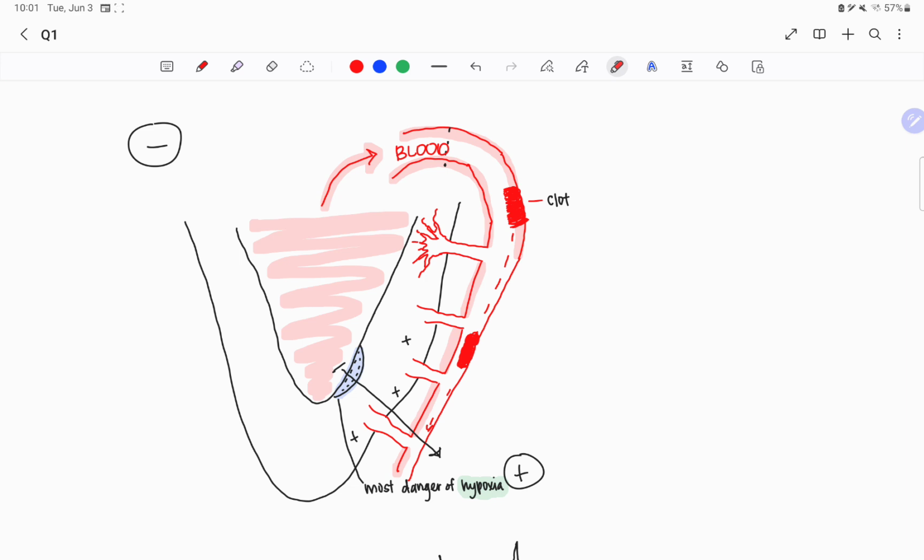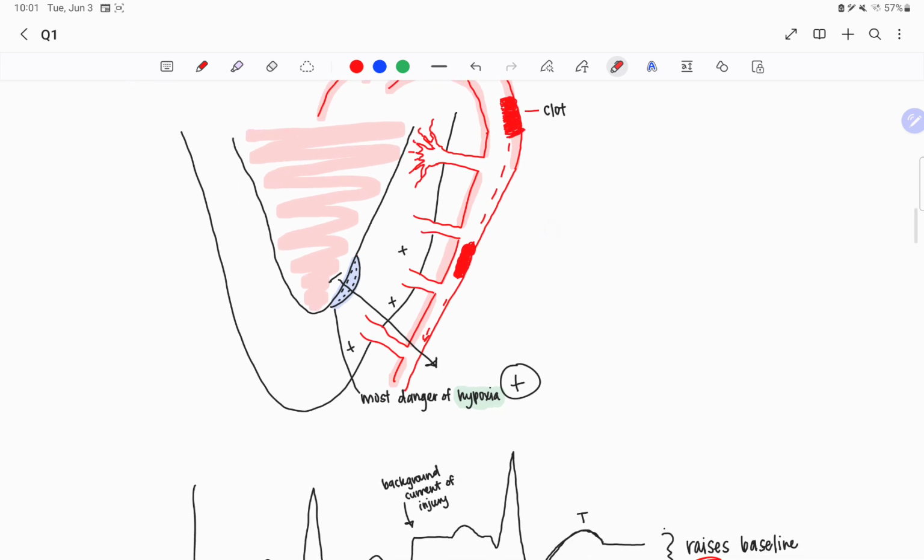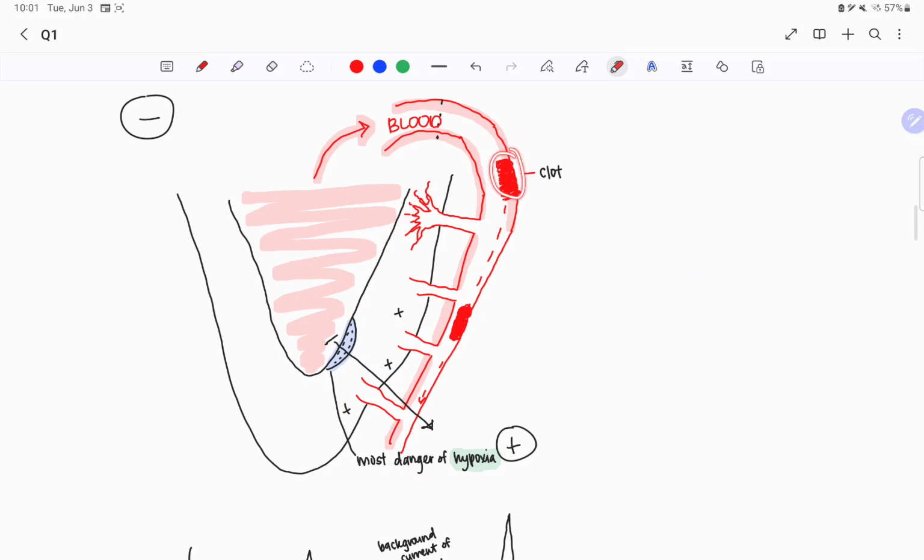Okay. So for an NSTEMI, let's say we had a clot here, right? And so blood isn't able to just sneak on by as well as it should, right? And the clot can move down. So there's still this gap, right? But it's not great for our heart.